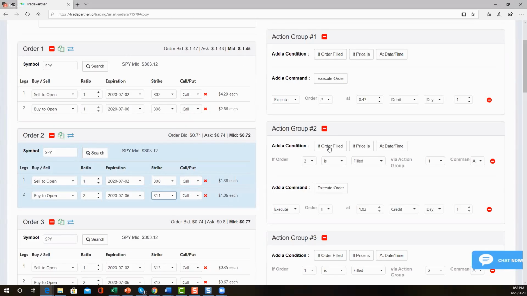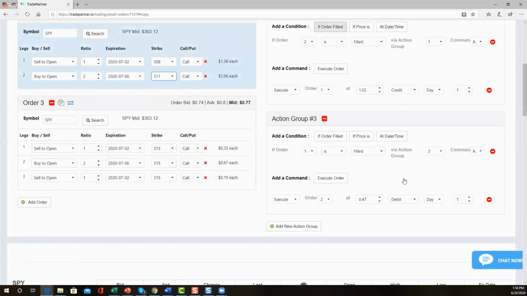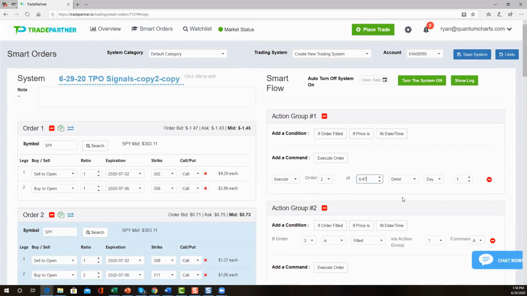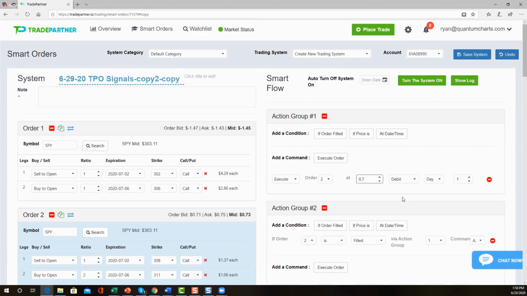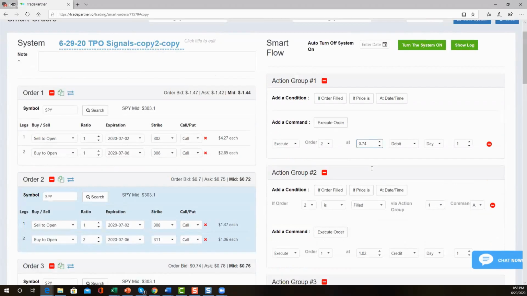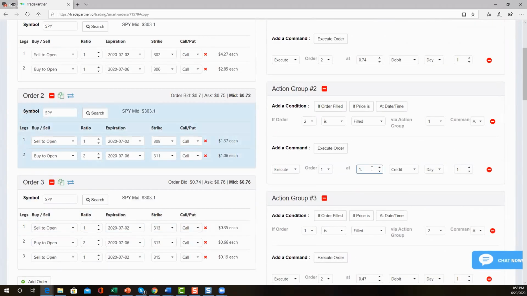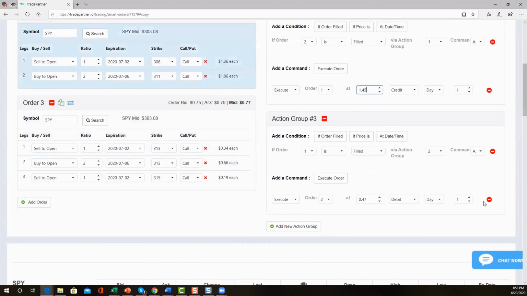So I would do a very similar thing in this, in that I would go with a 74, let's say 75, let's say 74, and then a credit of 145, and then a debit of 74.